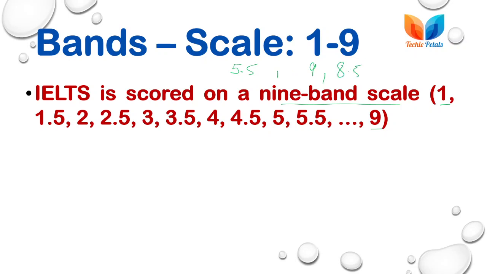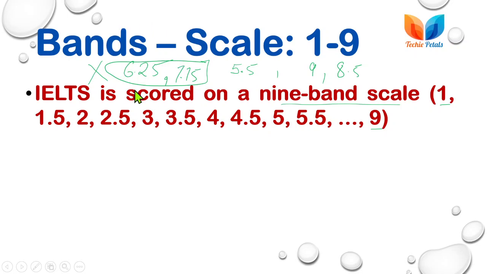But you will never be getting a score like 6.25 or 7.75, right? These types of bands are not possible, you are not going to get 0.25 or 0.75 scales.